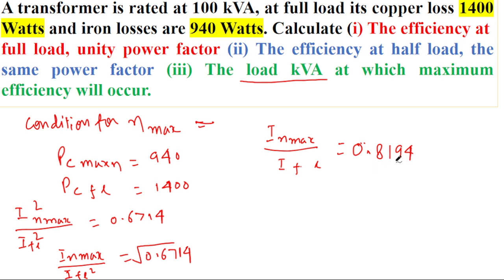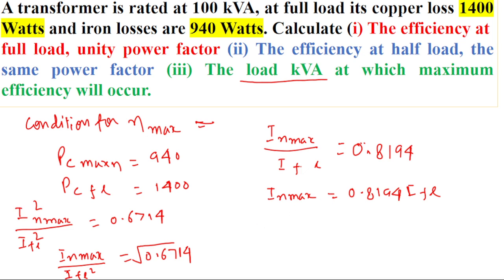So what is the meaning of this 0.8194? It means the current I η max is 0.8194 times the full load current. Because the voltage is constant, what will be the value of the VA?